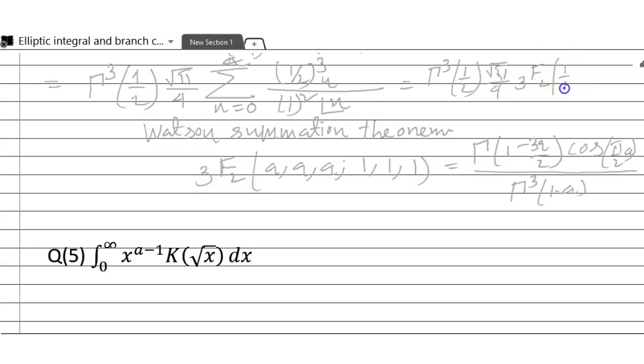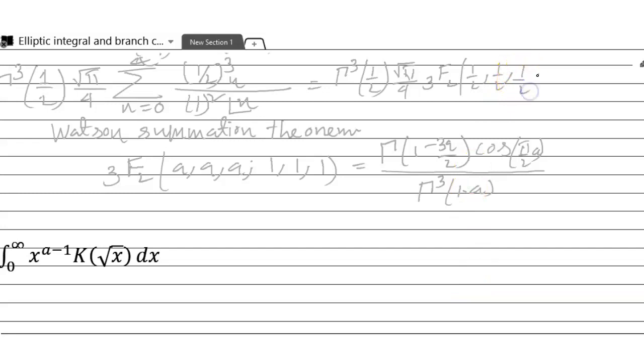And this value becomes, just putting this value: 3F2 half comma half comma half, 1 comma 1 comma 1 equals gamma 1 by 4 cos pi by 4 divided by gamma cube 3 by 4.